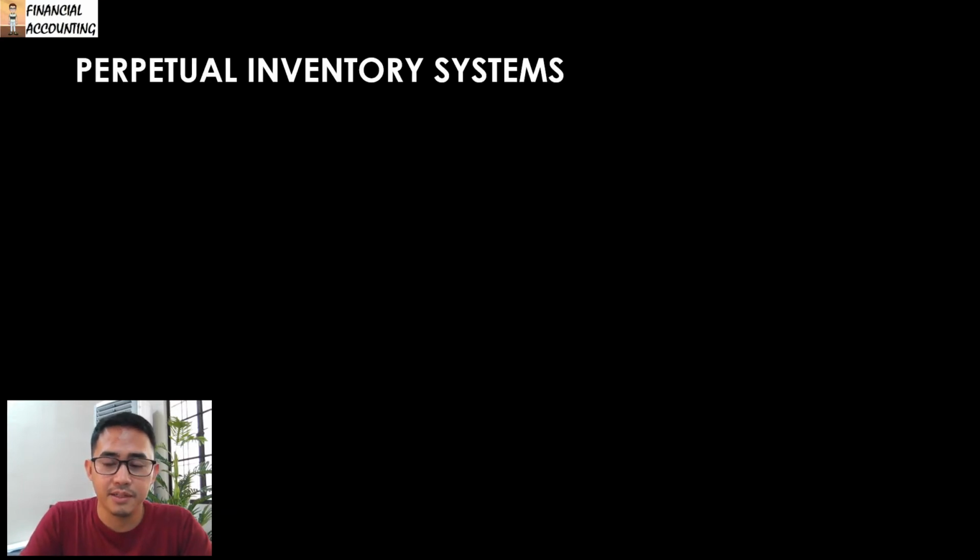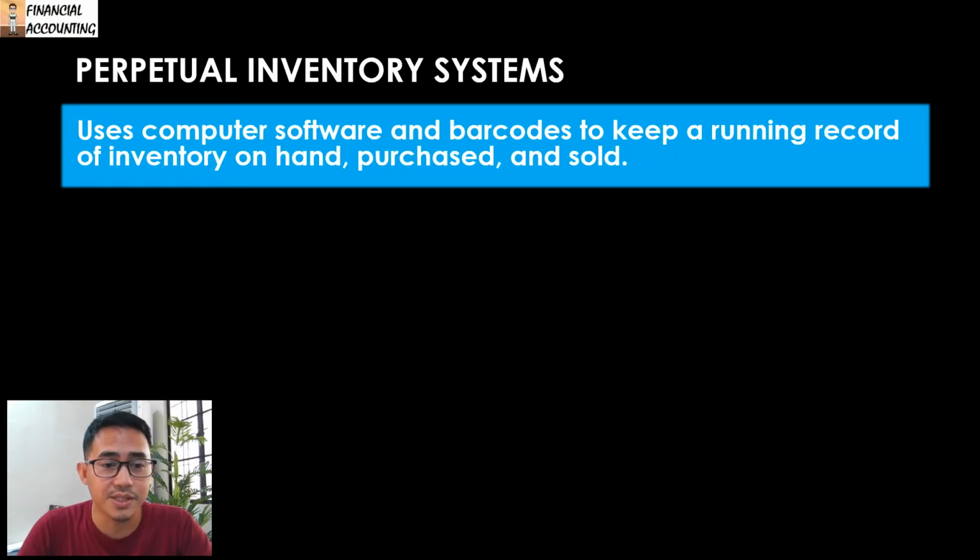Another inventory system is perpetual inventory system. This perpetual inventory system uses computer software and barcodes to keep a running record of inventory on hand, purchased, and sold. In old books, perpetual inventory system uses stock cards.